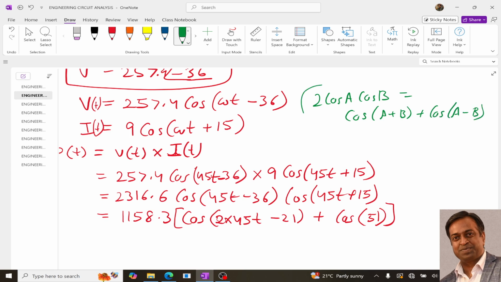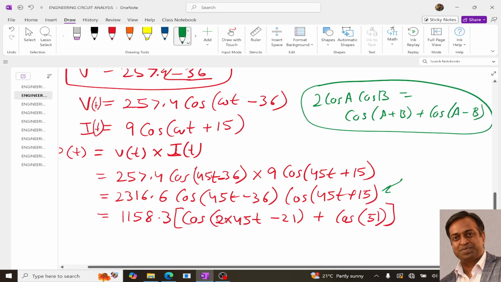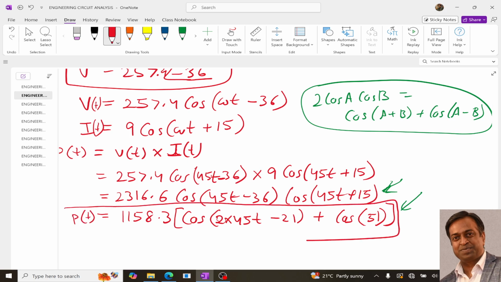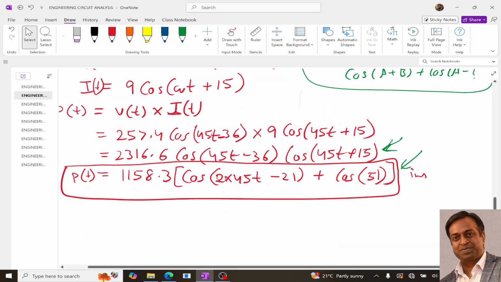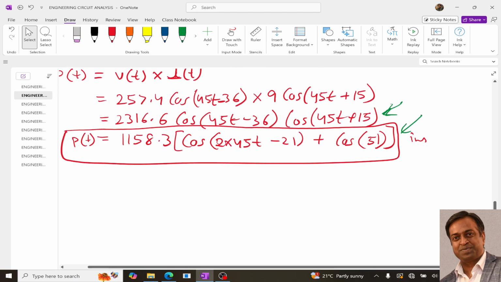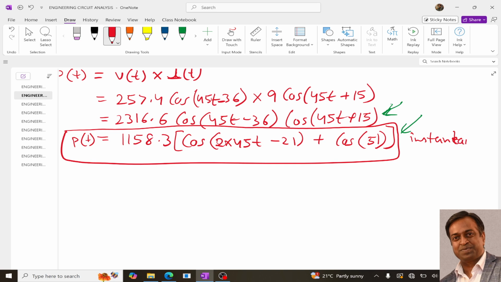Just using this formula, we get this. So this is our expression for the instantaneous power.